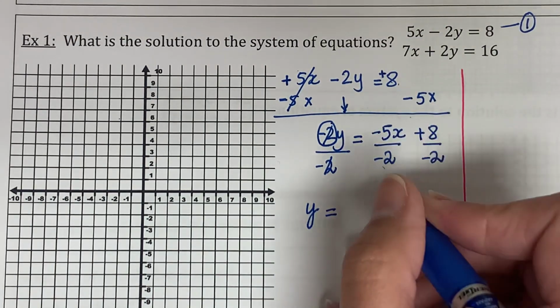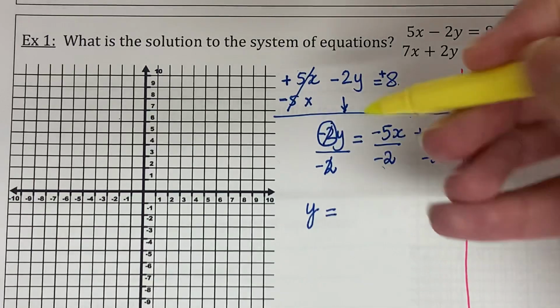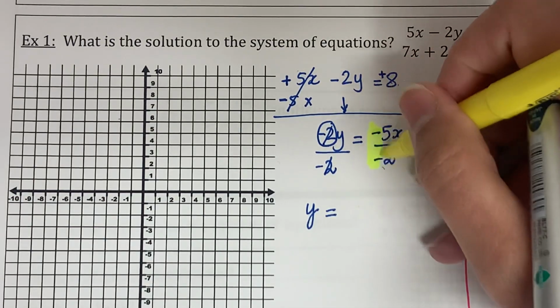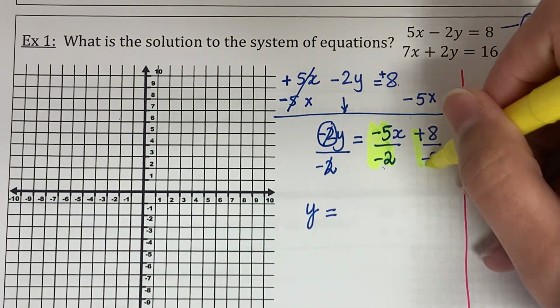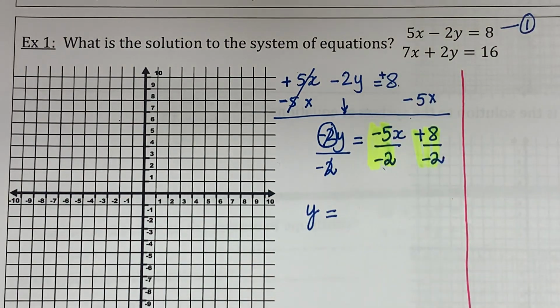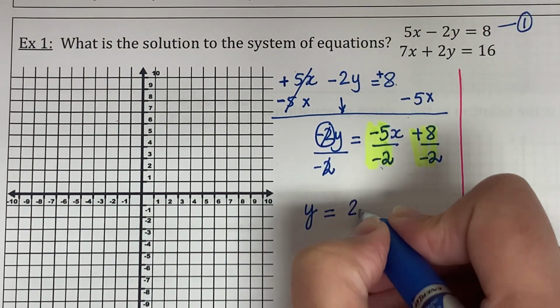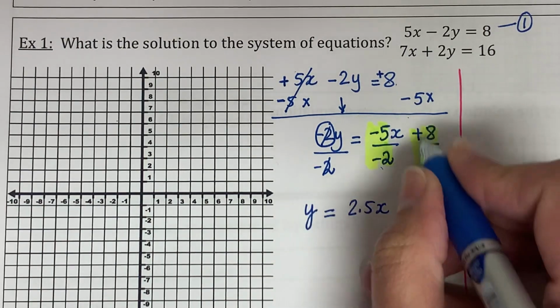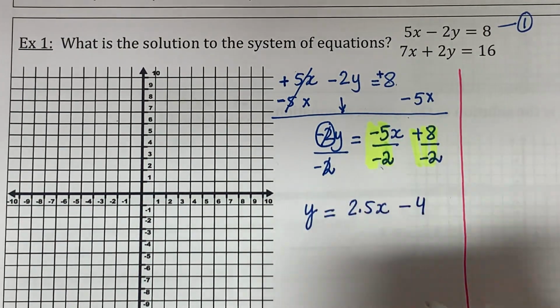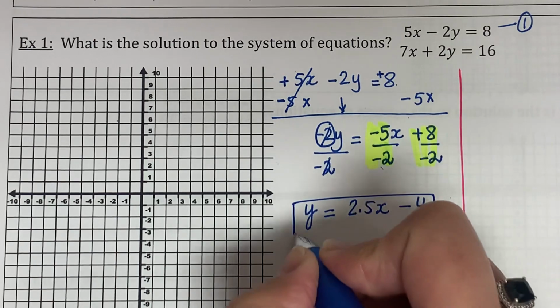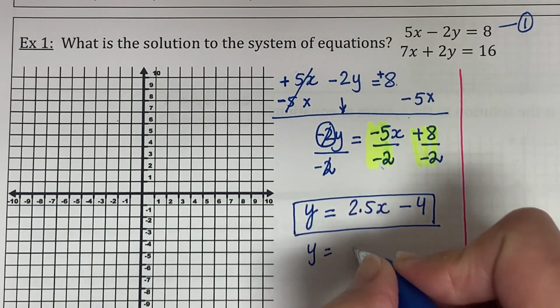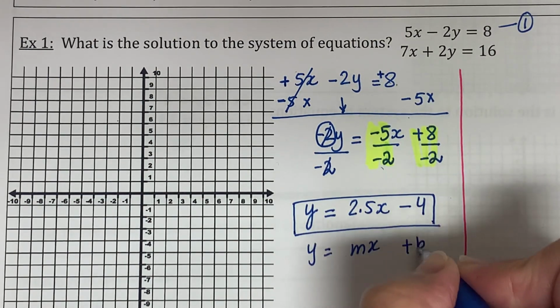Negative 5 over negative 2, and negative 8 over negative 2, and simplify. This is positive 2.5x and this one is minus 4. So there you go. I have my equation in y equals mx plus b form.